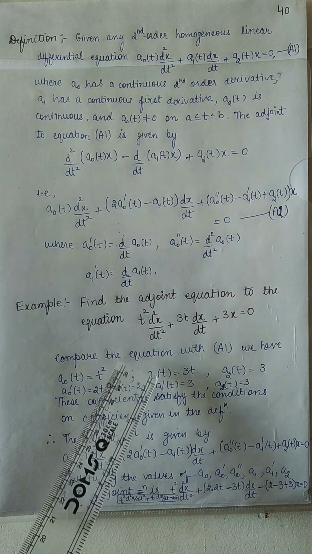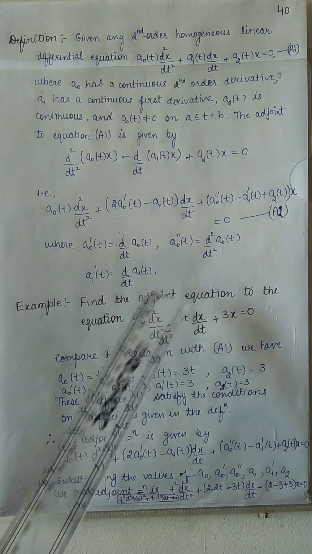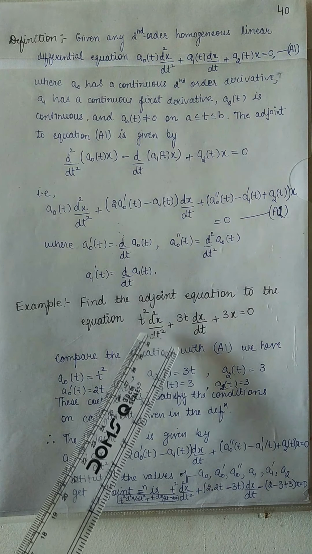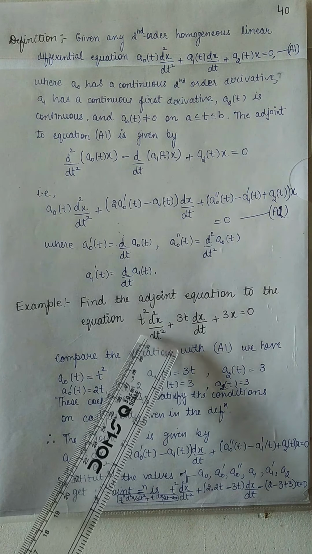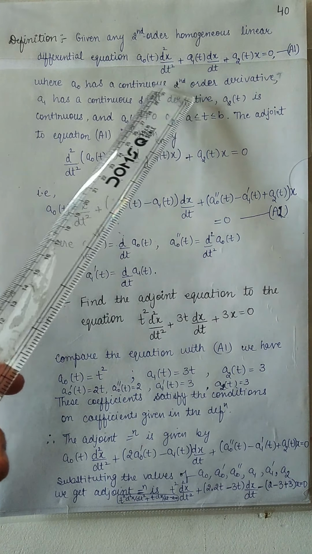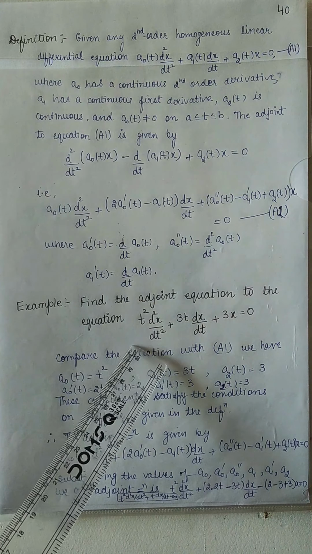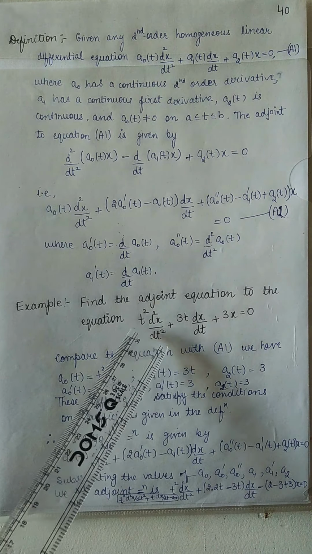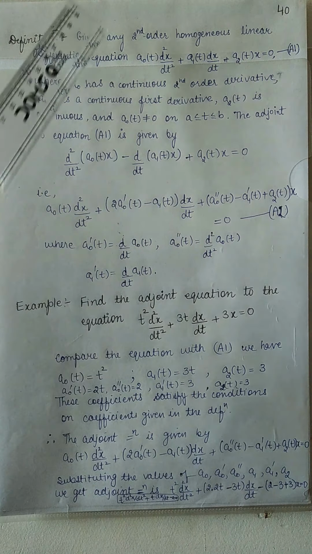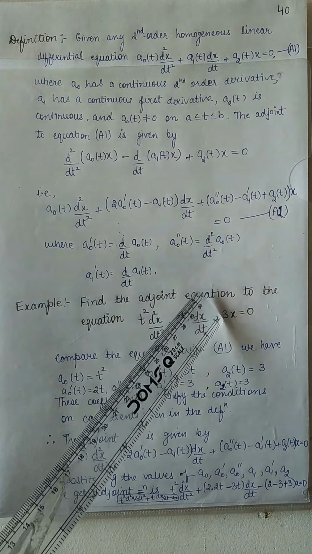If we have to find the adjoint of this equation, then we will use equation A2, and we compare the given equation with the second order equation A1. By comparing these two equations, we have that a0(t) is equal to t square, a1(t) is equal to 3t, a2(t) is equal to 3.